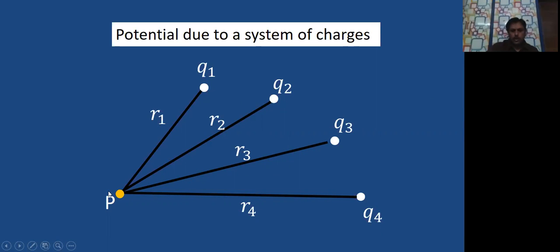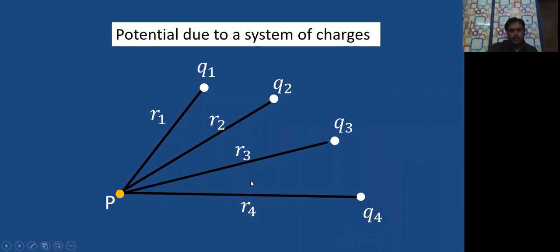R1. Q2 to P, R2. Q3 to P, R3. Q4 to P, R4. Remember, these are the distances of the point charges from the point P. Okay. So I want to know what is the potential at the point P due to all this system of charges.